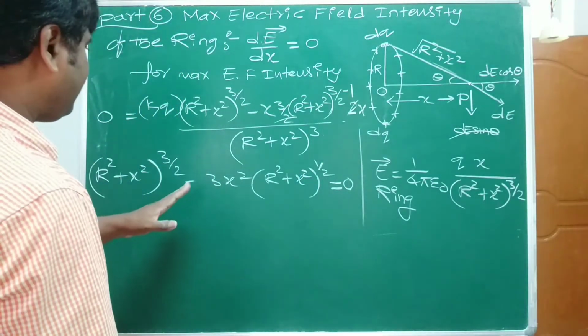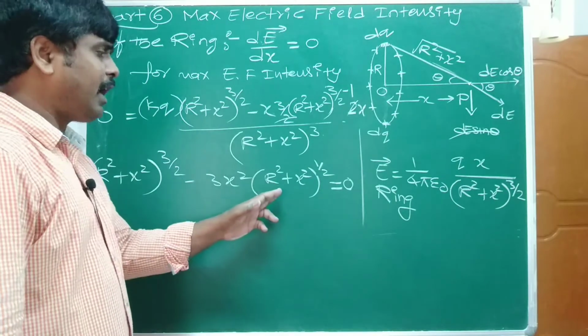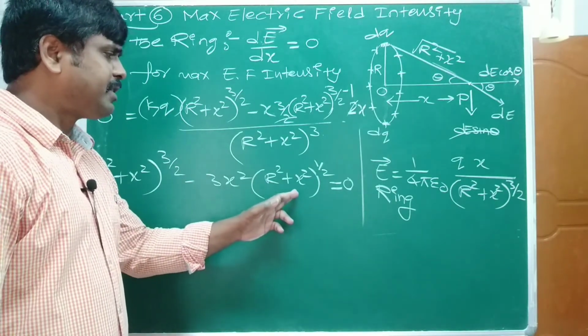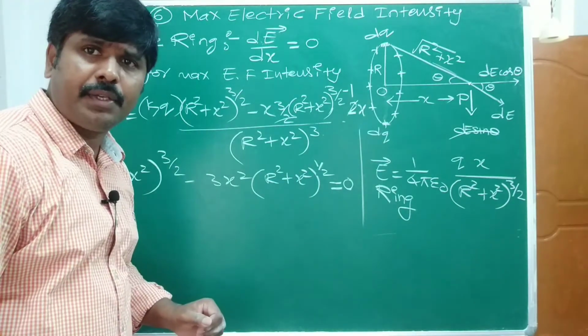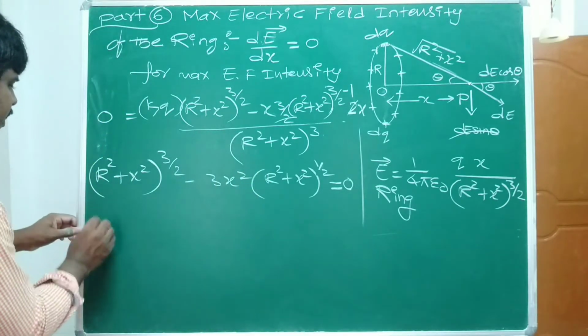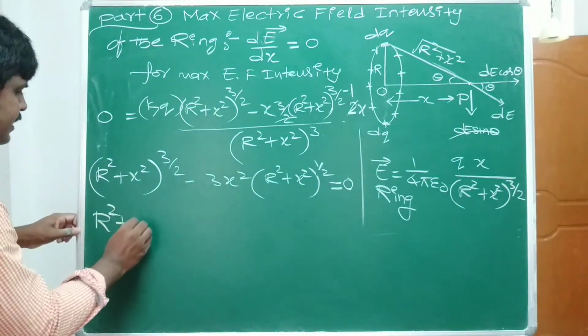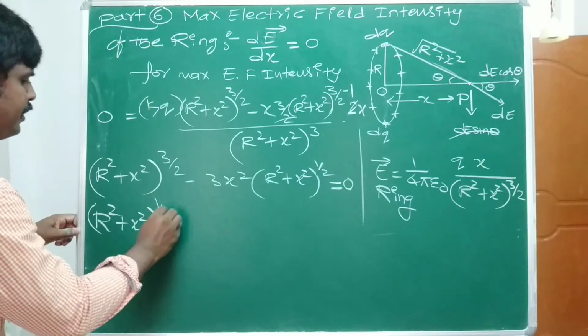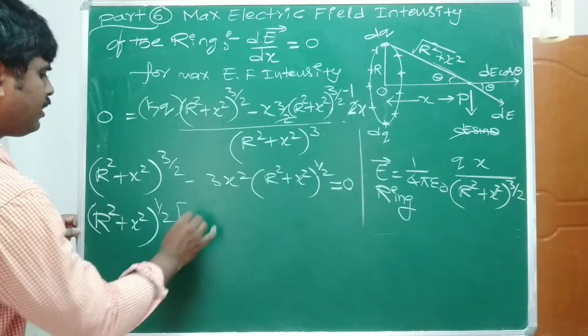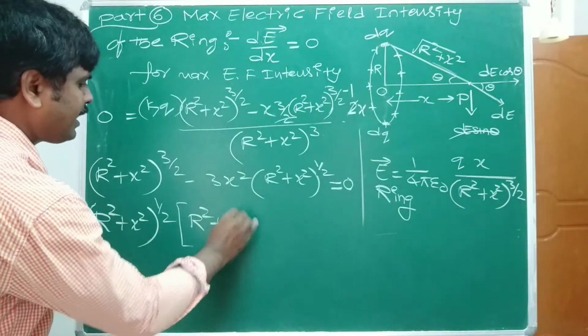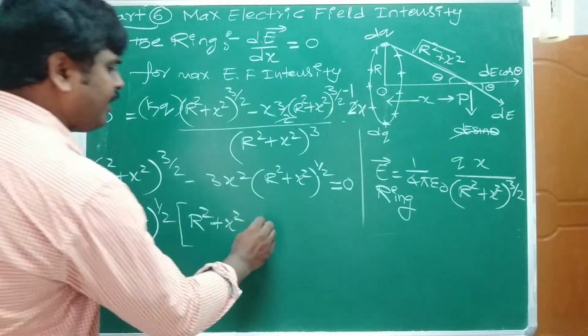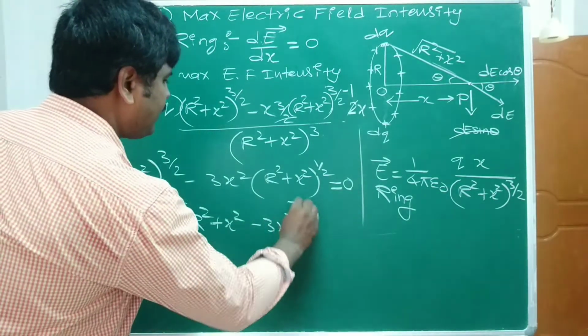Try to understand: in this equation I am taking r square plus x square whole to the power of 1 by 2 common. Then r square plus x square is remaining, and minus 3x square is remaining.